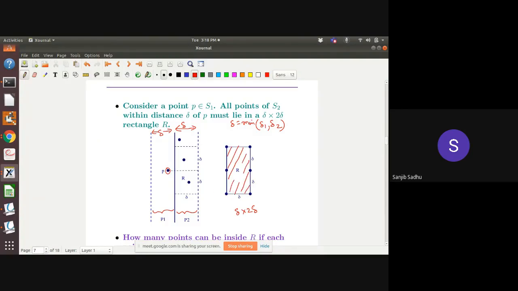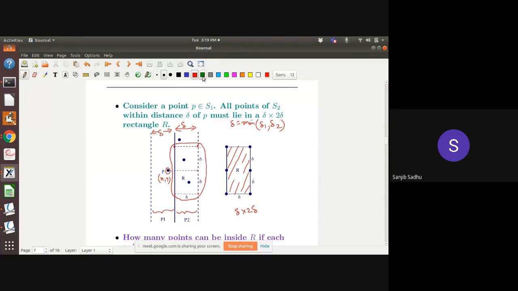So if the point is here, I know its x comma y coordinate, the coordinate of p is known. So I am just drawing a horizontal line passing through its y coordinate. And from this you take another point just delta above and here delta below. So I will get this rectangle.